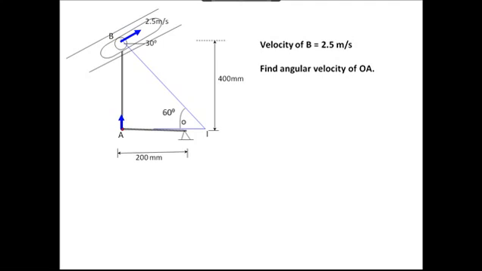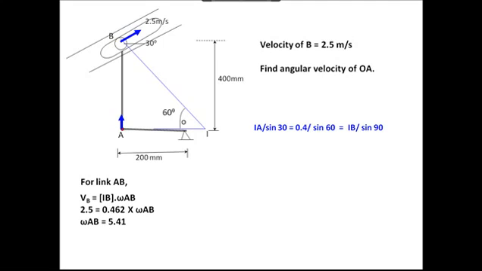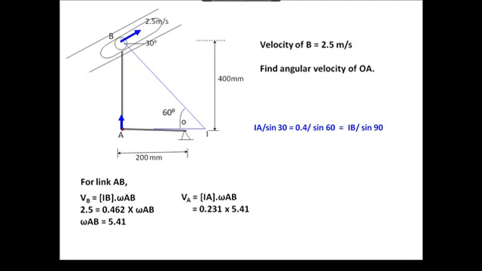Once we settle geometry through the sine rule, that is IA upon sine 30 is 0.4 upon sine 60 is IB upon sine 90, we write for link AB, VB as distance IB into omega AB. VB is known, IB you can get from the geometry, from the sine rule, and you can work out omega AB as 5.41.